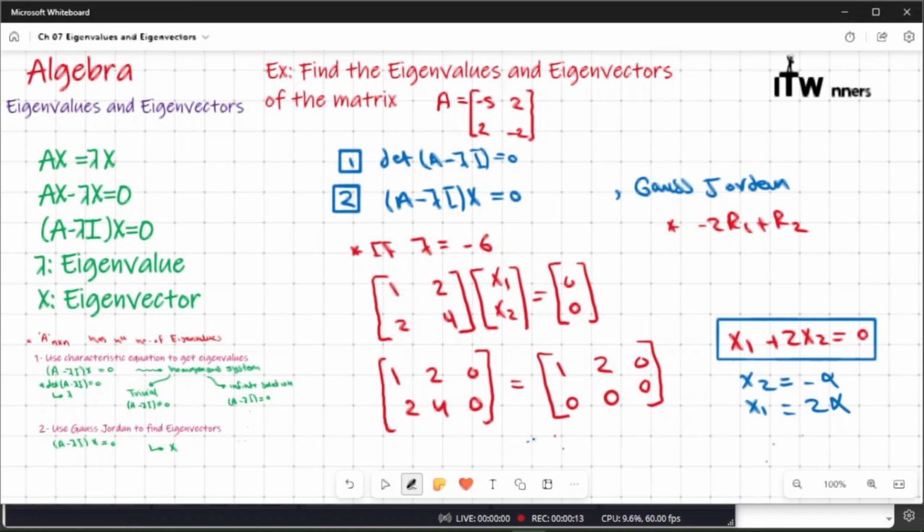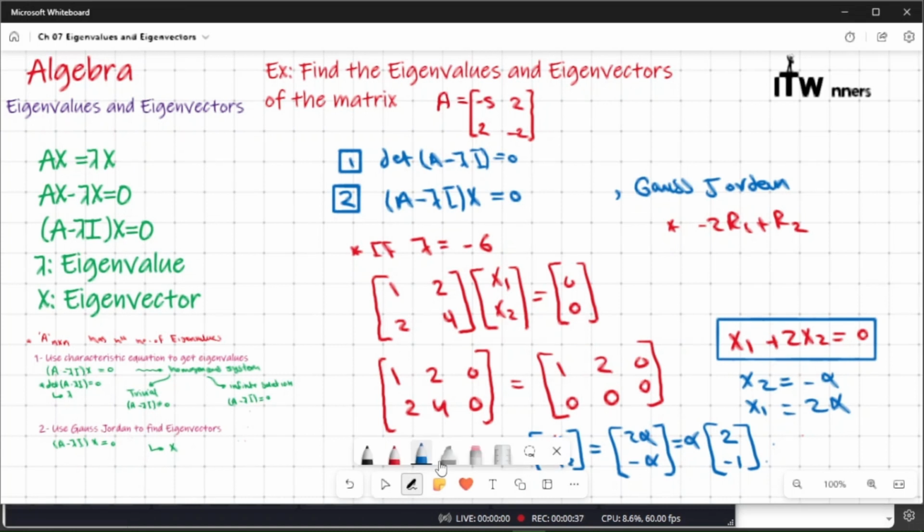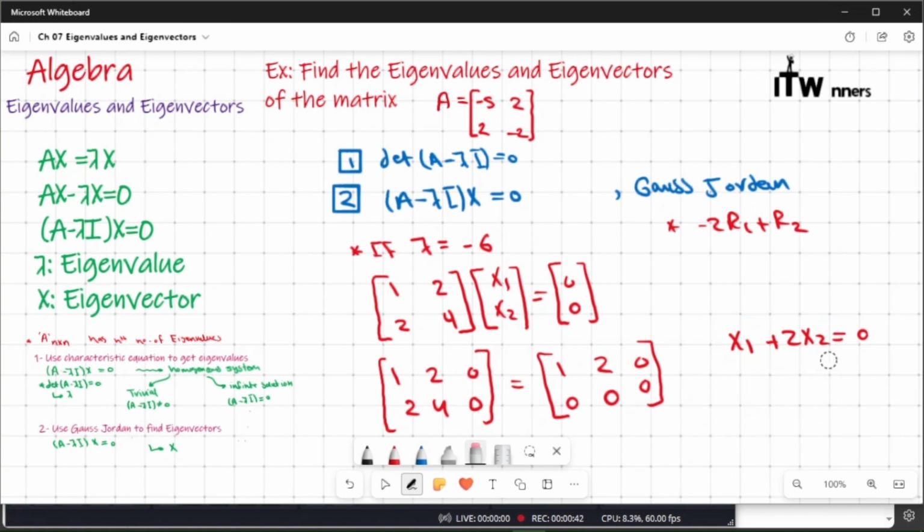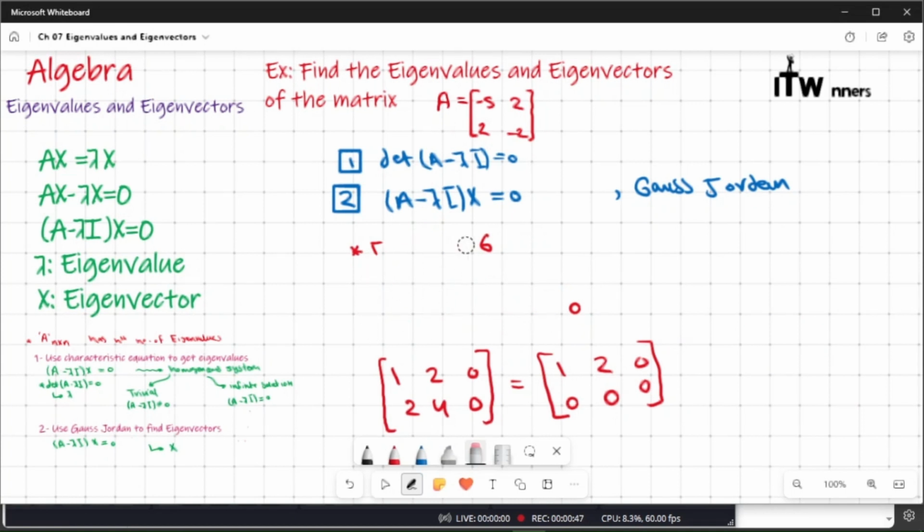So I can write my vector x1, x2 equal to 2 alpha, negative alpha. So we have alpha as a common factor, and here we have 2, negative 1. Okay, so just in 2 steps we can get the values of eigenvalues and eigenvectors.